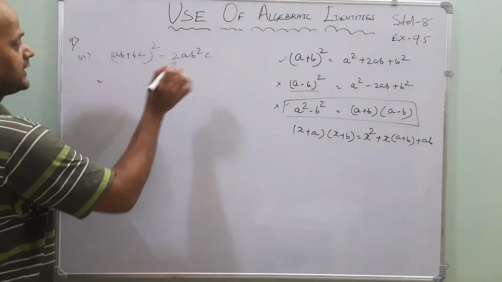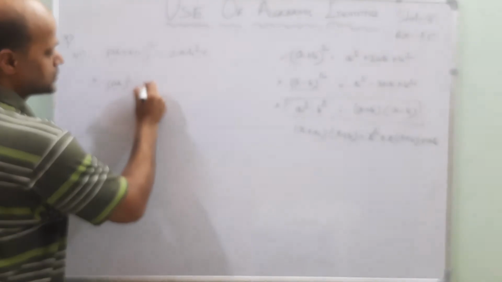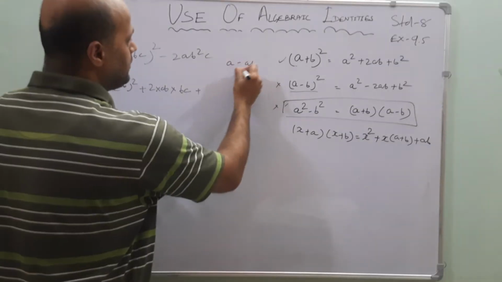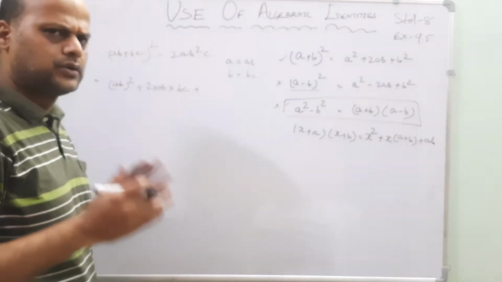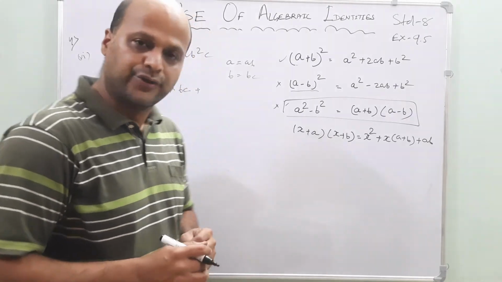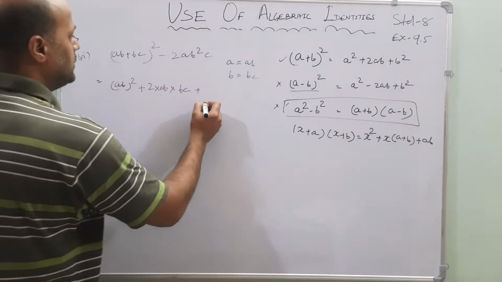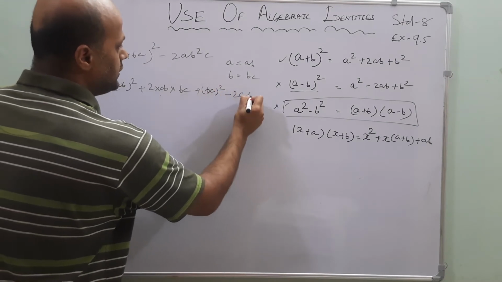So do it lightly. That is (ab) whole square plus 2 into ab into bc plus (bc) whole square. Or you can write here a is equal to ab, b is equal to bc, so that no confusion will be there in your mind whenever you are using the identity. Minus 2ab square c.